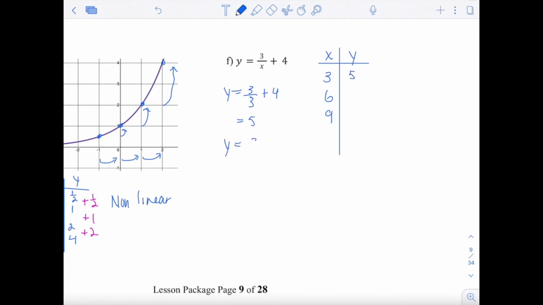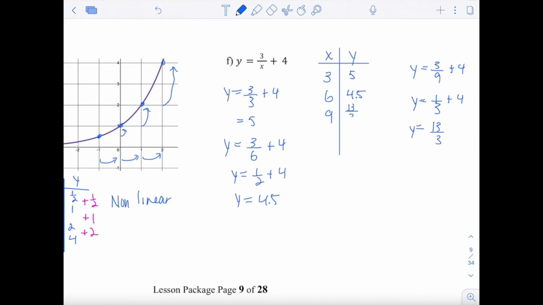When X is 6, I get 3 over 6 plus 4, which is 1/2 plus 4, which is 4.5. And let's see what happens when X is 9. I get 1/3 plus 4, which is 13 over 3.